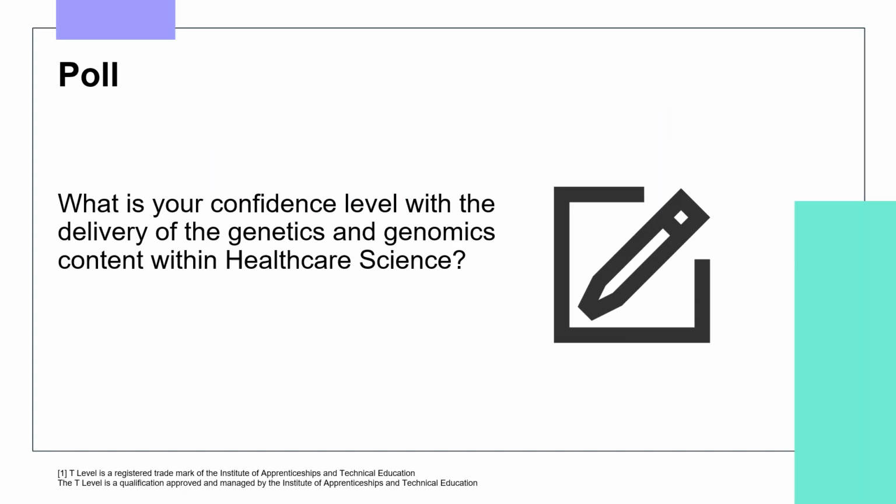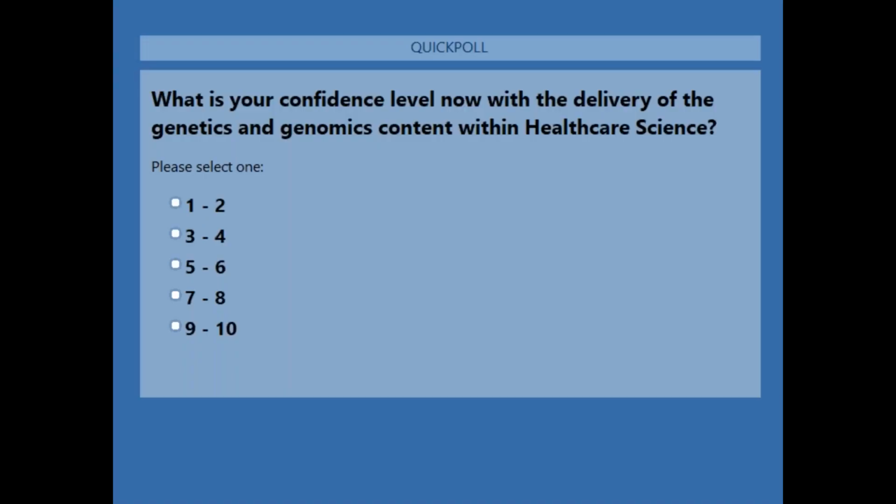As Joe mentioned, do please keep any questions coming in. But I would like to check in on confidence now, just like I asked at the very start. Where would you put yourself now following this? Again, 1 being little to no confidence, 10 being extremely confident. I'm not expecting anyone to be in the 9 to 10 bracket, probably not until you get the delivery. That's where people usually start to find their confidence, but where do you think you are at the moment?